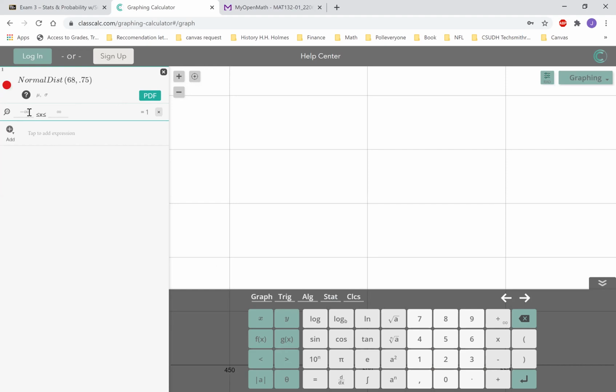The lower bound is negative infinity, which is already there, and then you put 66. Your final answer should be 0.0038. And that will be it for part A. Any question for part A? All right, let's do part B.